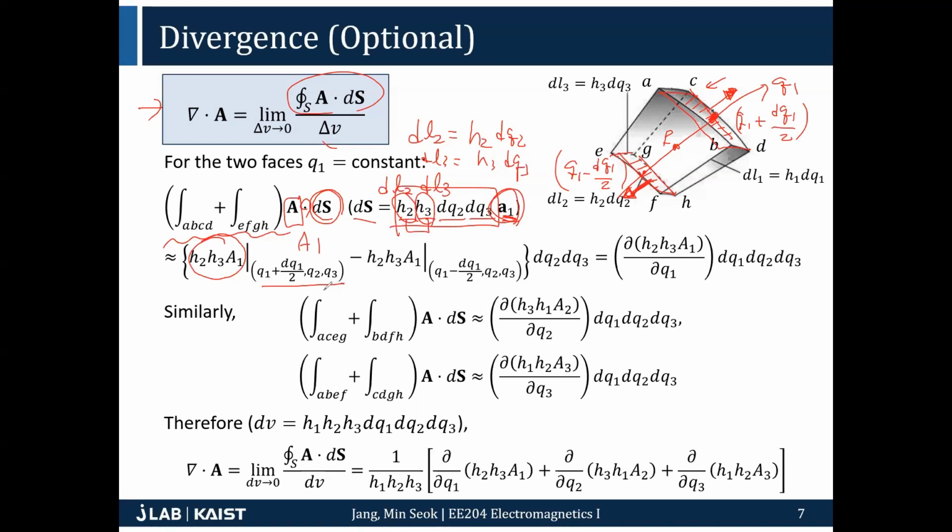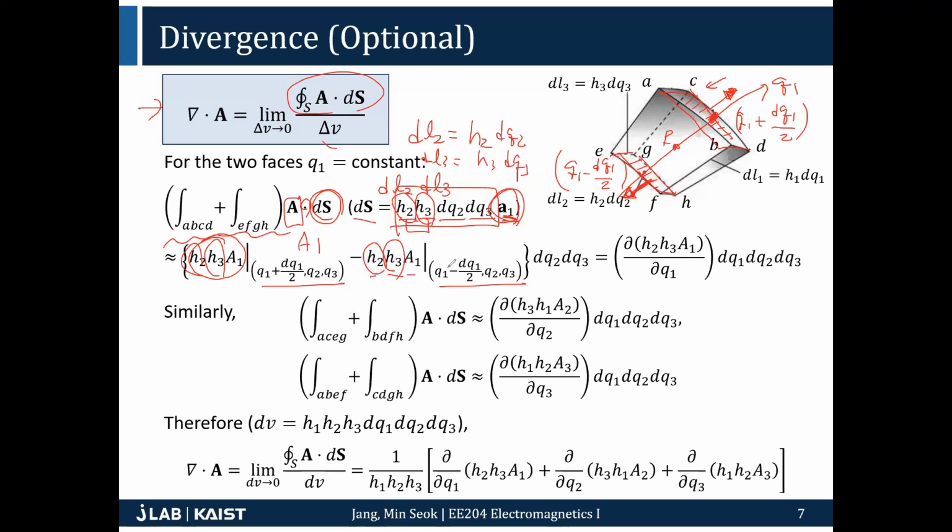Similarly, for the bottom surface, H2, H3, and A1 should be evaluated at this position, Q1 minus dQ1 divided by 2, Q2, Q3, right? Compared to the Cartesian coordinate system, where H2 and H3 are just one and do not depend on position, this is the major difference. H2 and H3 are functions of Q1, Q2, Q3.